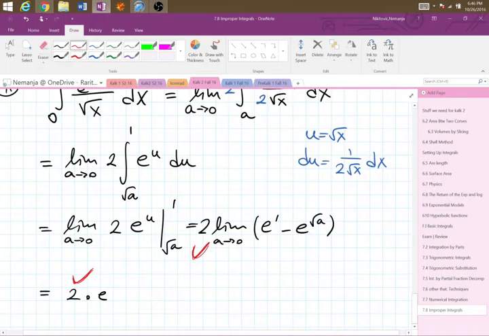So it's just e minus 1 here, like this. Yeah, 2e minus 2, that's good. So when you plug in 0 here, you will get e to the 0. E to the 0 is 1, and then e to the 1 is e. And that converges to a number, not an equation. 2e minus 2 is a number. Okay.